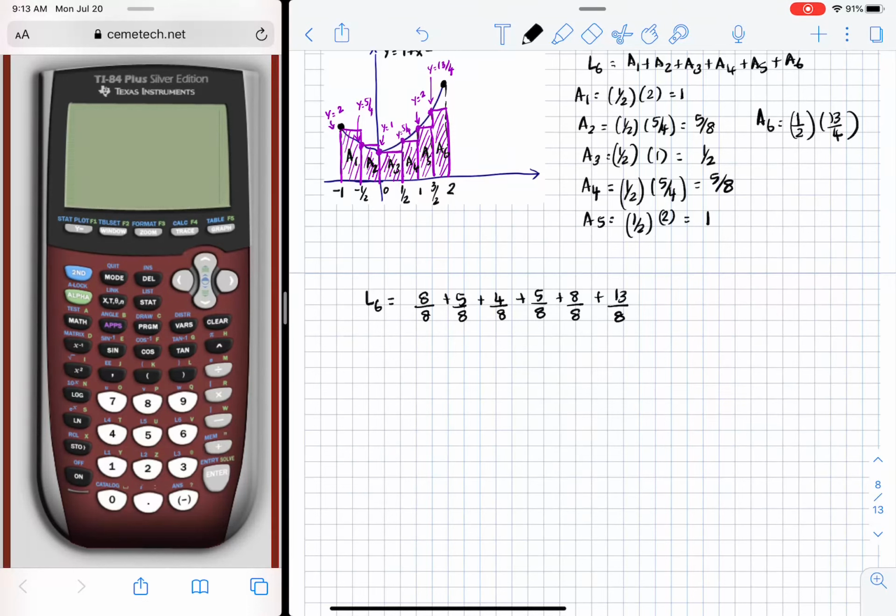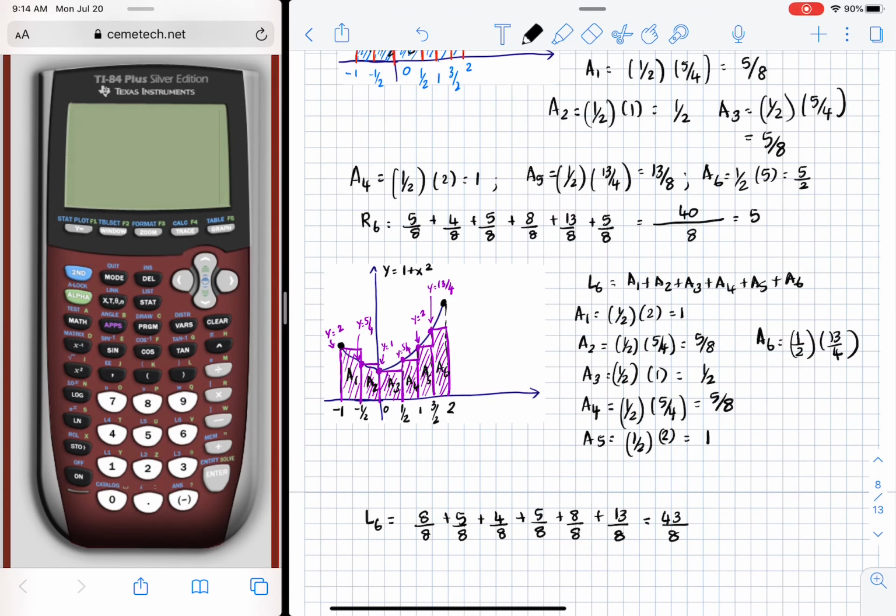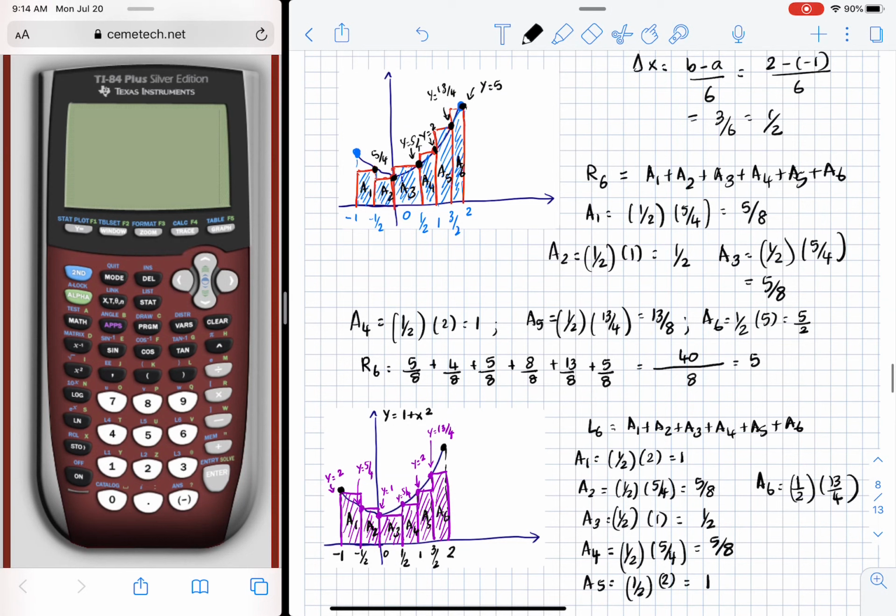If we add them all together, we have 10, 14, 22, 30, 43 over 8. That's odd. It looks like the left sum seems to be greater than the right sum, which means I made a mistake somewhere in finding the right sum.